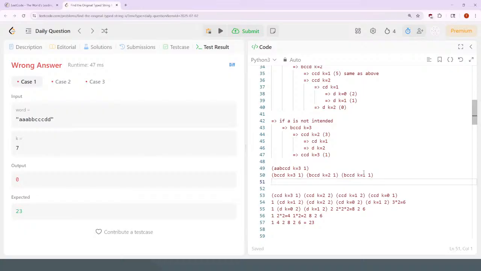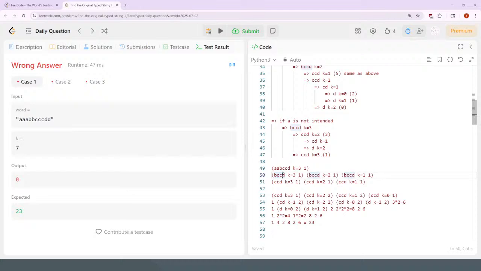So if 0 B's are intended, then I go to the next stage where each of the K values is the same. And there's going to be 1 for each of those ways. So I go to the next one, don't decrement K. Or I could go to the next one and decrement K by 1.